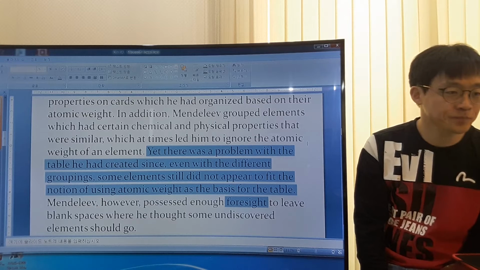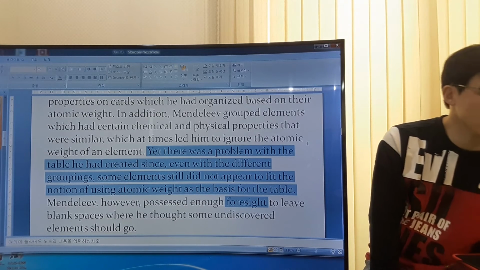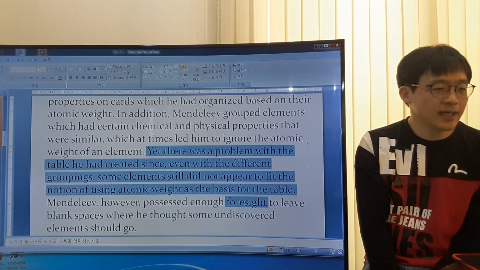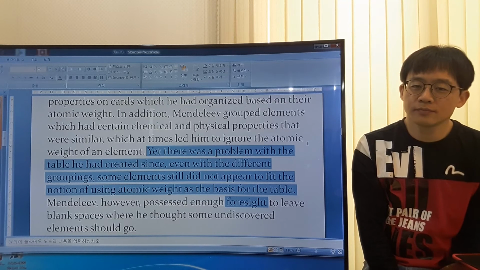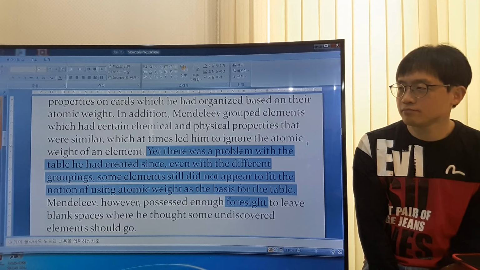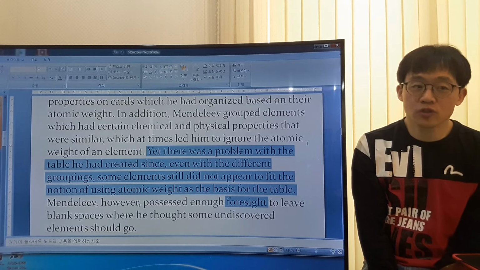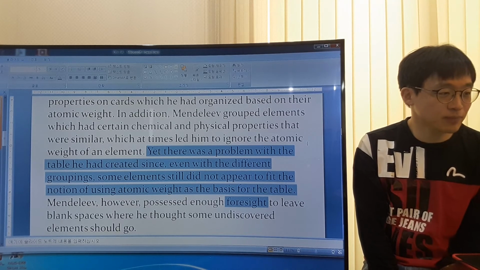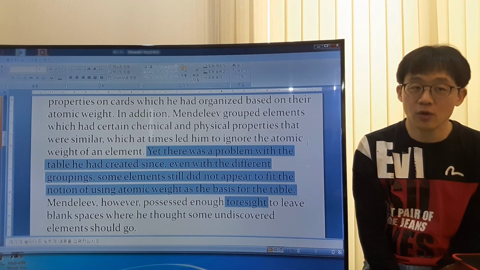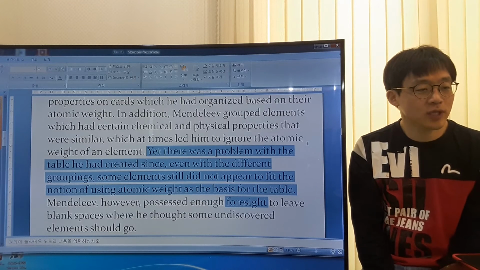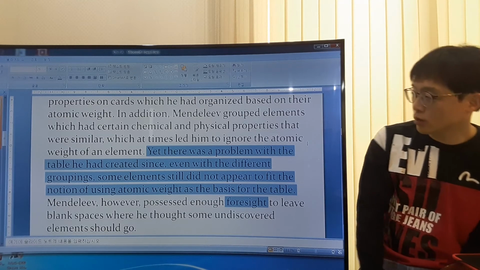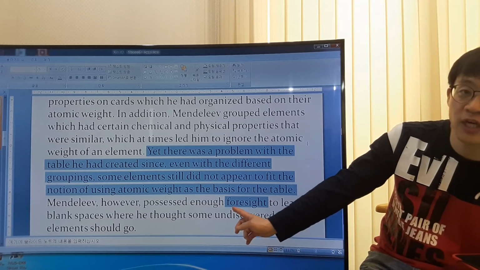Do you understand? Okay, Mendeleev possessed enough foresight to see what the future was going to be like, and he left some blank spaces where he thought some undiscovered elements should go in. Do you understand? Possess means to have, okay? Foresight, what does fore mean? Fore means the front.